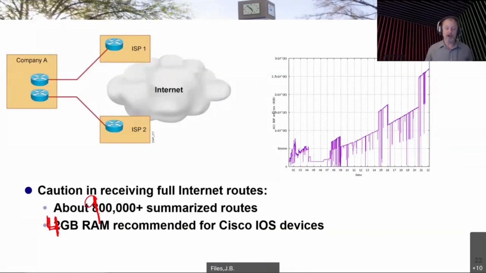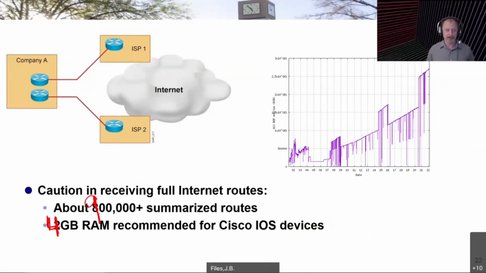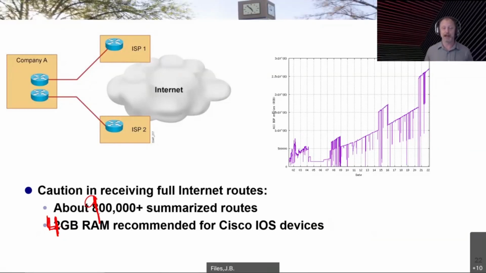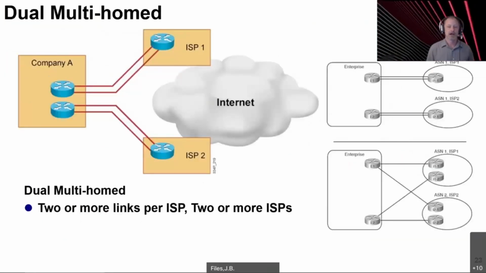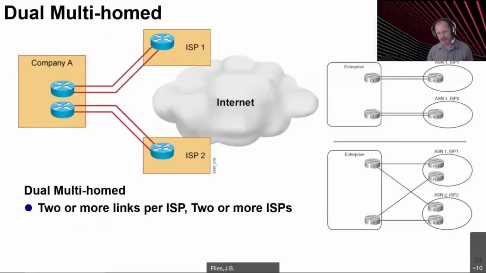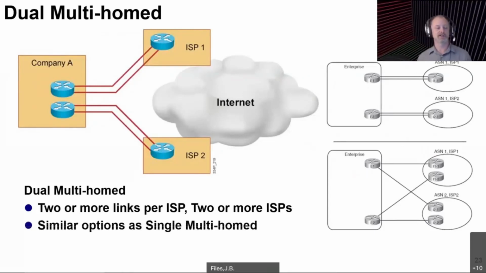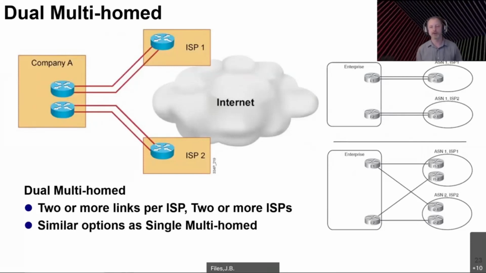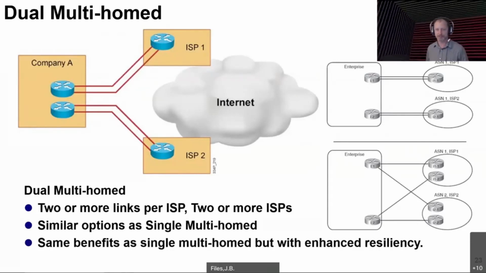So if you don't have enough oomph in your router to handle the full routing updates, it may crash. Okay. Dual multi-homed. All right. So this is multiple ISPs with multiple links to each ISP. Okay, so similar options to single multi-homed, same benefits, but with a lot more resiliency.